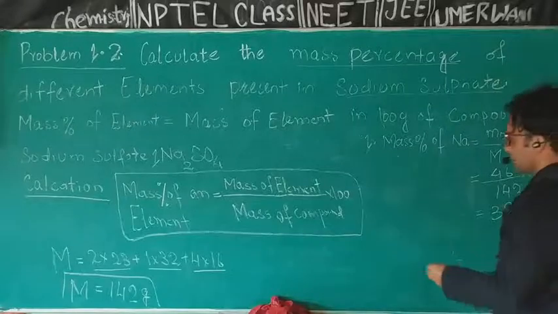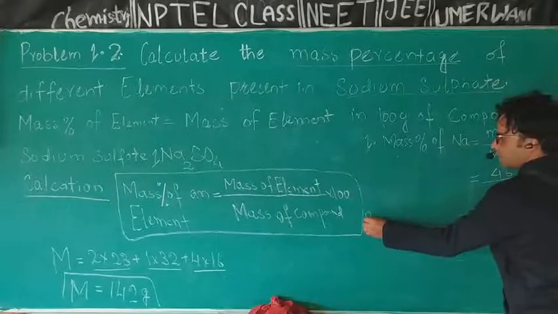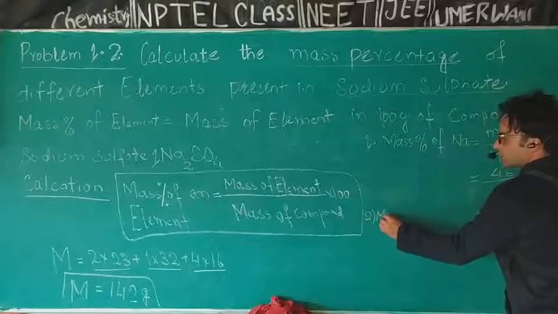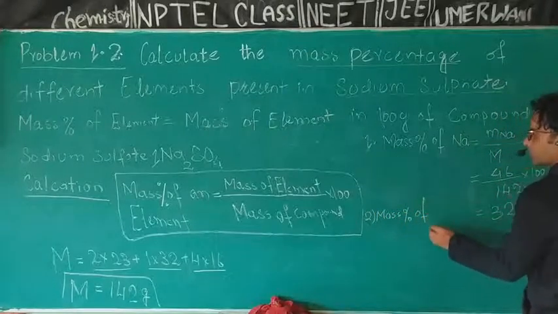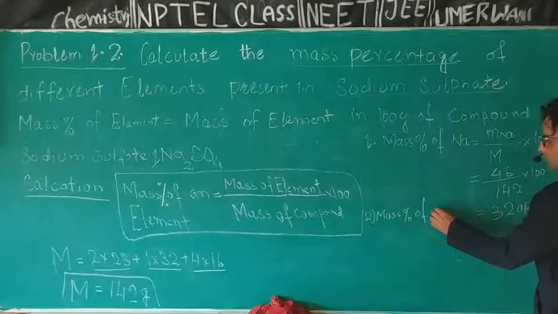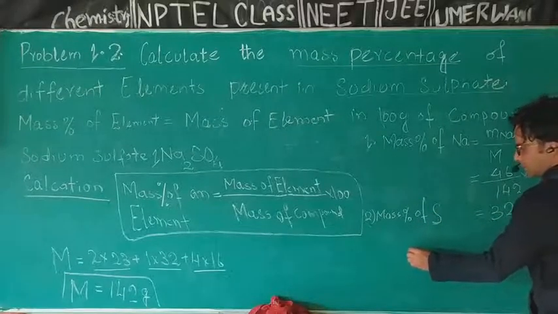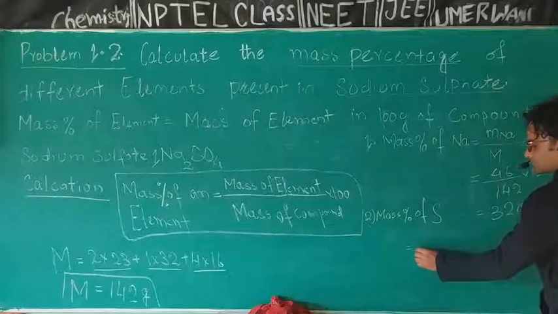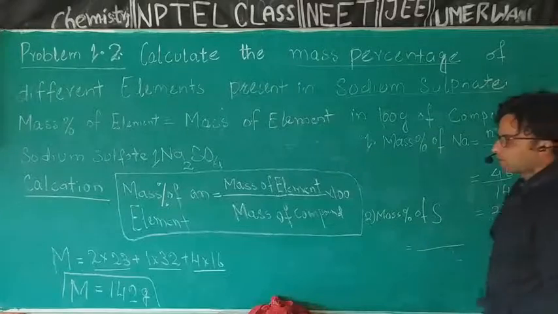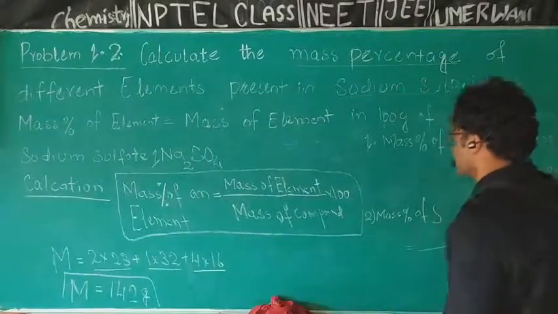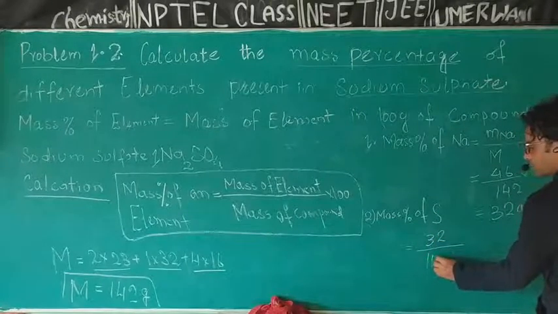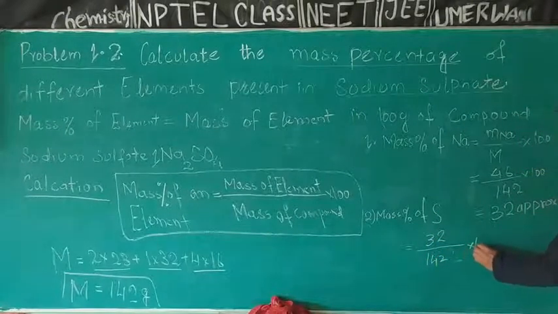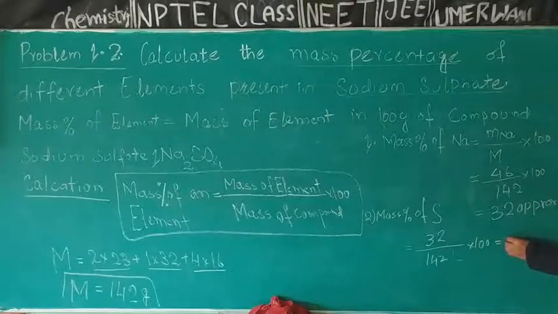Similarly, I can calculate the mass percentage of sulfur: the contribution of sulfur in terms of mass, which is 32, divided by 142 multiplied by 100, and it is approximately equal to 22%.